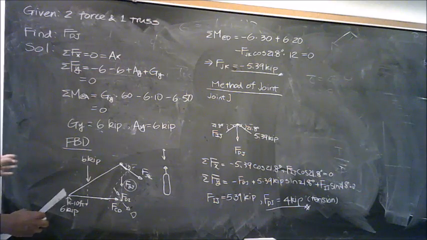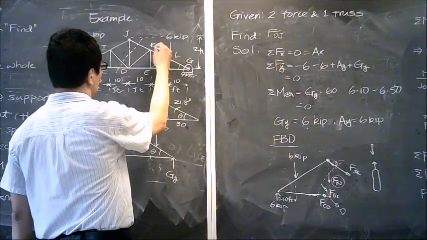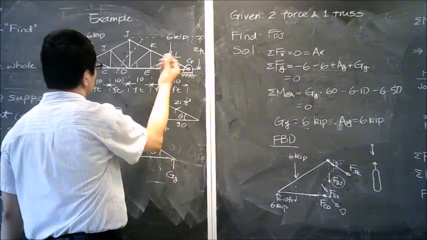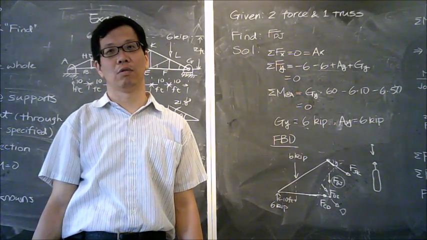If you want to start from the method of joints and figure out all the forces of every member, it can be extremely tedious. Though I wouldn't say the process is difficult, based on the configuration over here, you will need to identify several things. One, the angle here, and the angle over here, and the angle over here, which is essentially going to give you a lot of trouble, right?